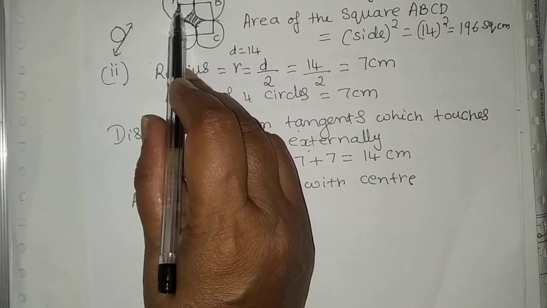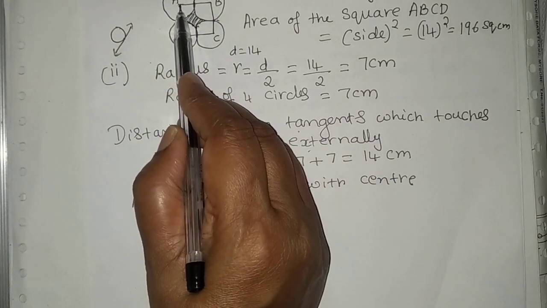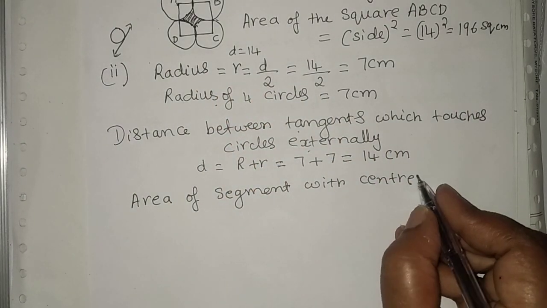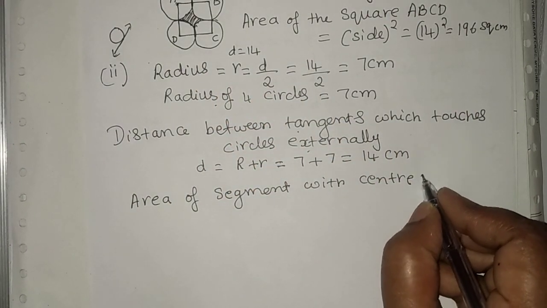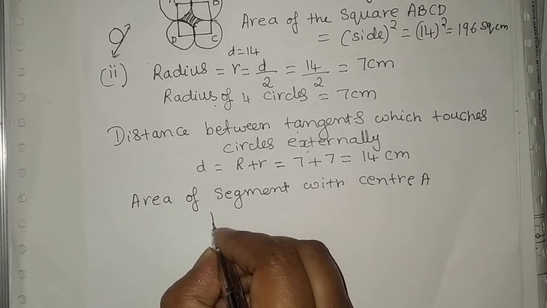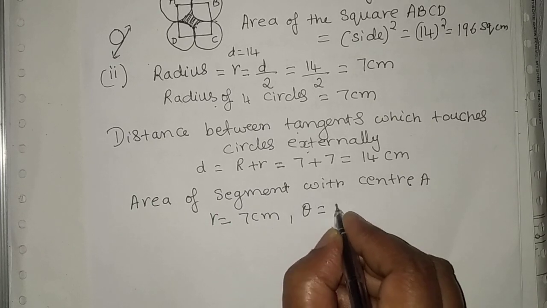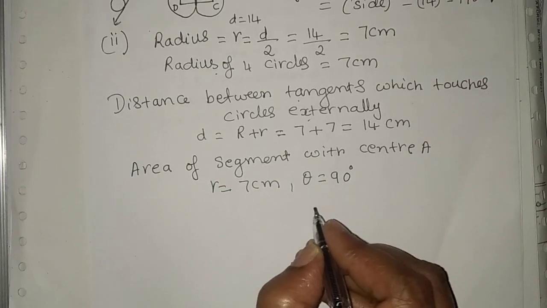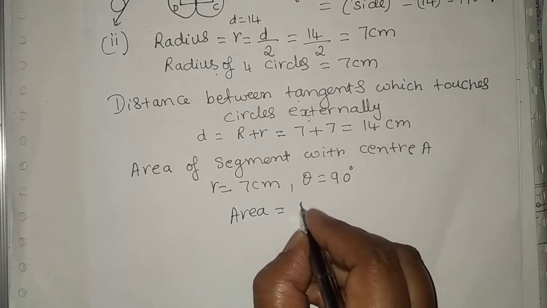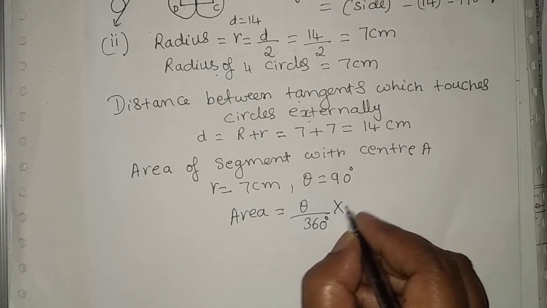We had two types of sectors. Now the data: R is 7 centimeters. Theta, since it is a square, is 90 degrees. Therefore area is equal to theta by 360 degrees into pi r squared.